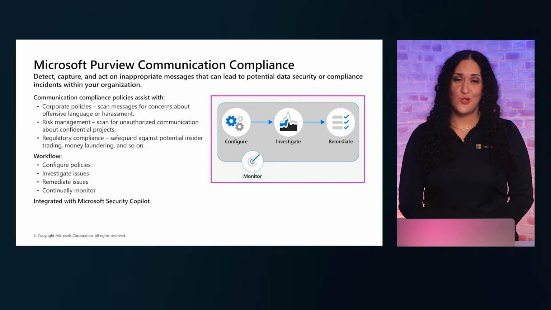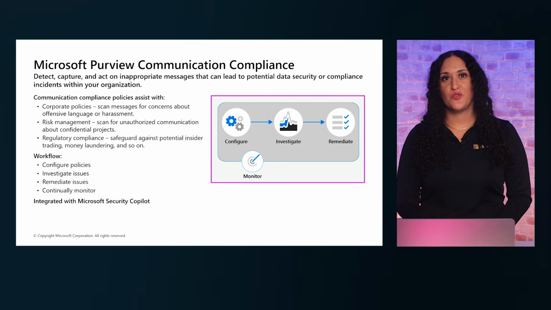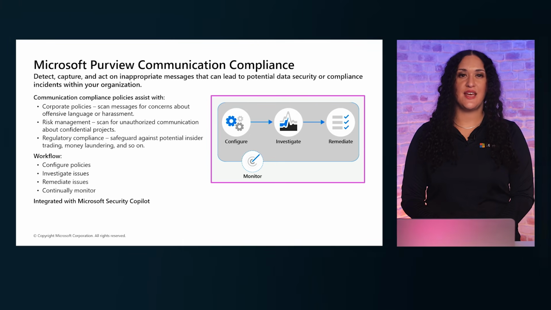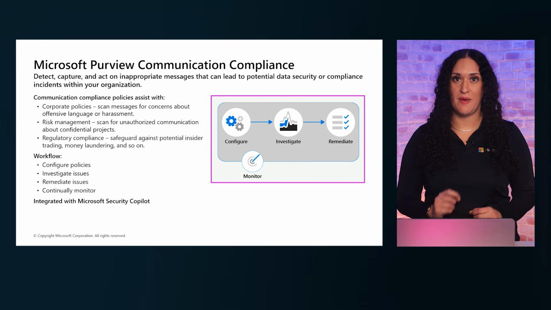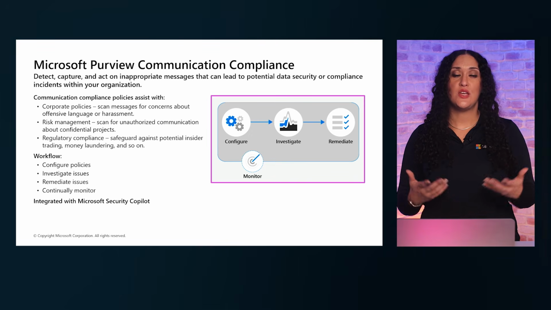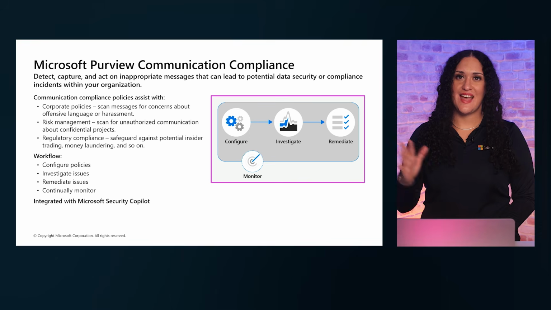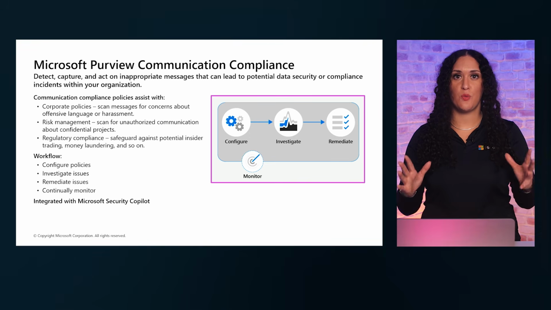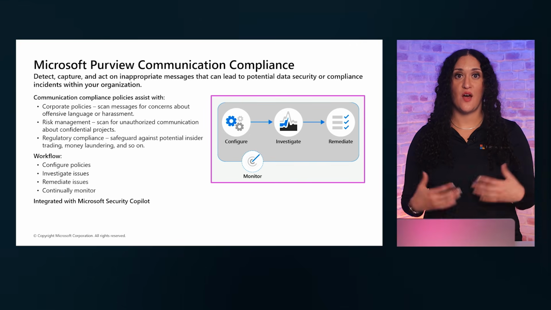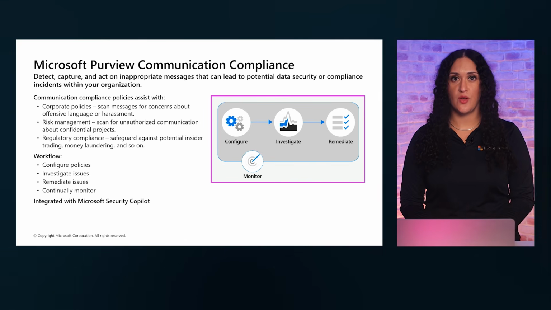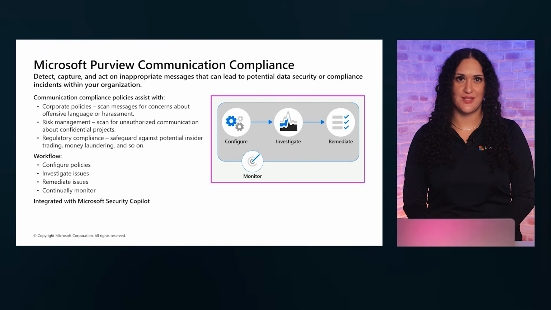Compliance applies to communications too. Microsoft Purview Communication Compliance is designed to detect, capture, and act on inappropriate or risky messages before they turn into serious incidents. It scans messages across Microsoft and supported third-party platforms for things like offensive language, harassment, unauthorized sharing of confidential information, or potential regulatory violations.